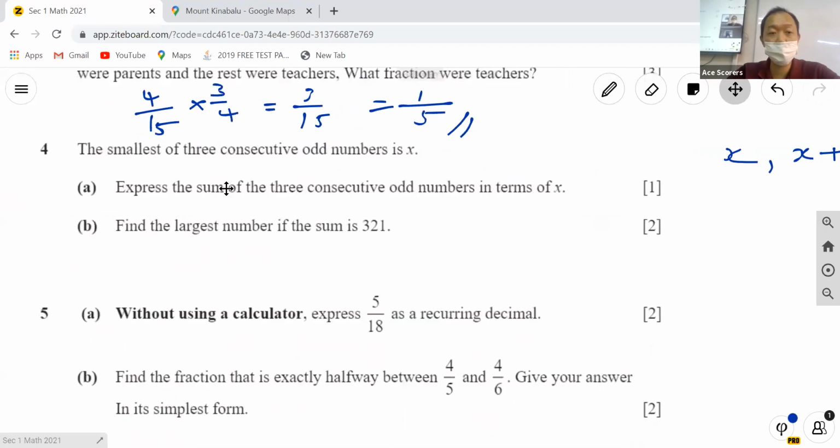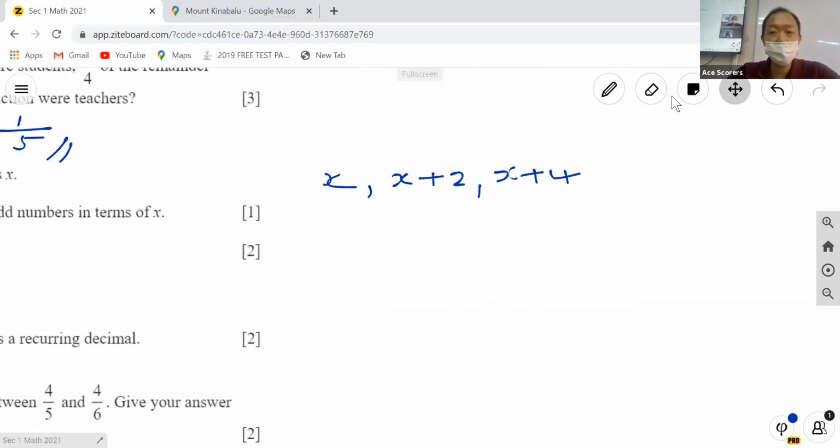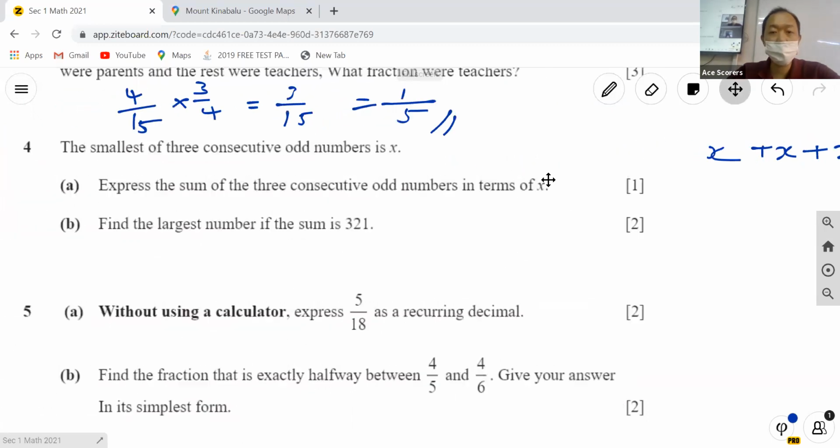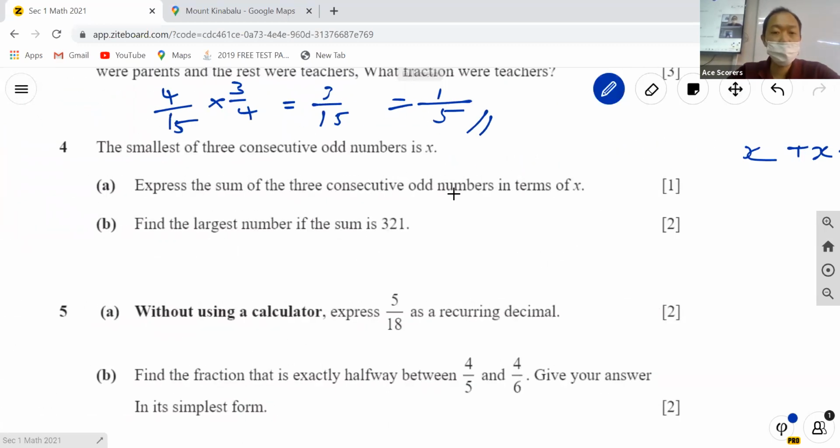Because they need to be odd numbers, so you need to keep adding 2. So express the sum. Sum means you add them together. So what do we get? 1, 2, 3, 3x plus 6. So the first answer is just 3x plus 6.